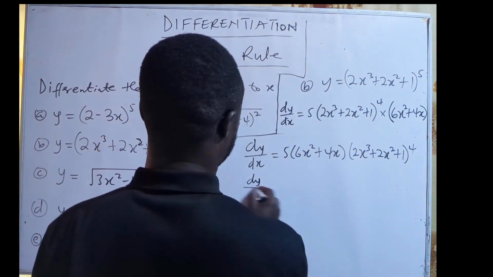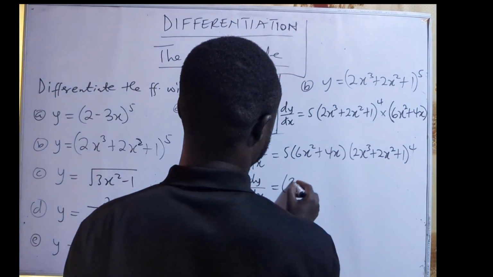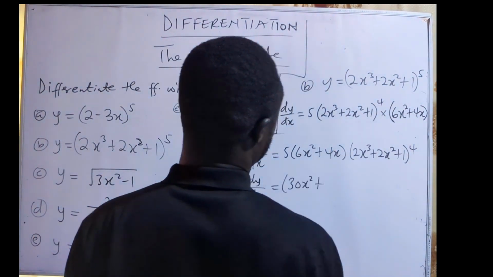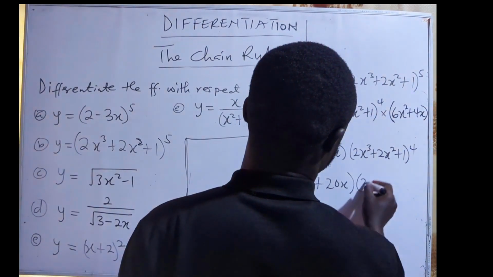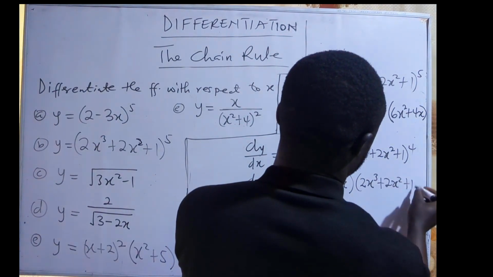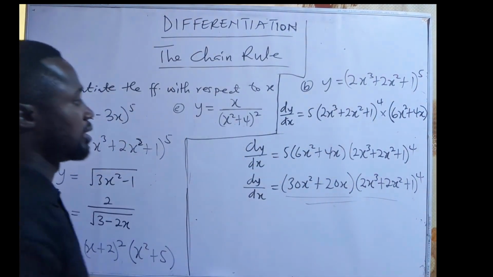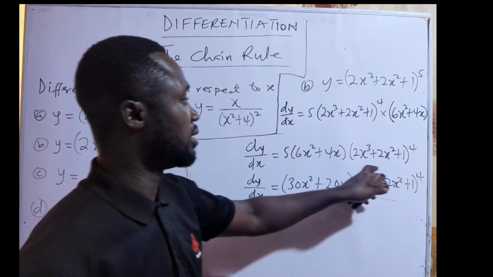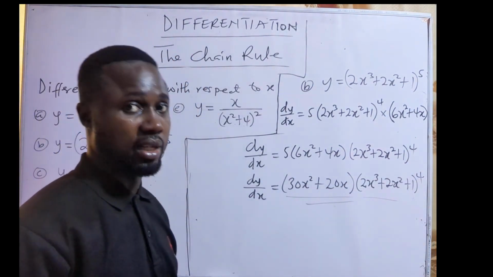My dy/dx will be equal to 5 times 6, which gives me 30x squared, plus 5 times 4, which gives me 20x. Then (2x cubed plus 2x squared plus 1) all to the exponent of 4. So this becomes my answer: 30x squared plus 20x, then this all to the exponent of 4. After here, I can end my answer at this particular point.